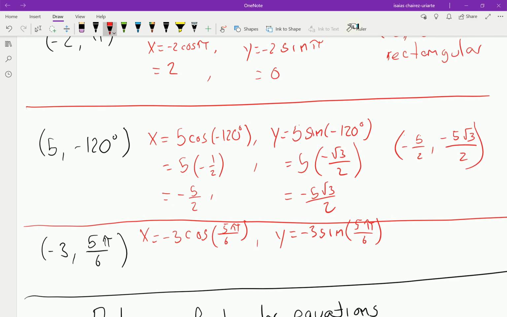So cosine 150 is negative root 3 over 2. And sine of 150 is 1/2. And so then my coordinates should be 3 root 3 over 2, comma, negative 3/2.